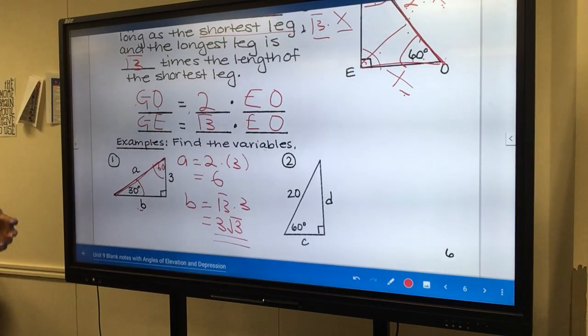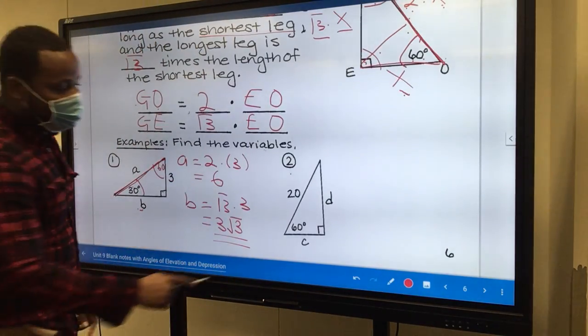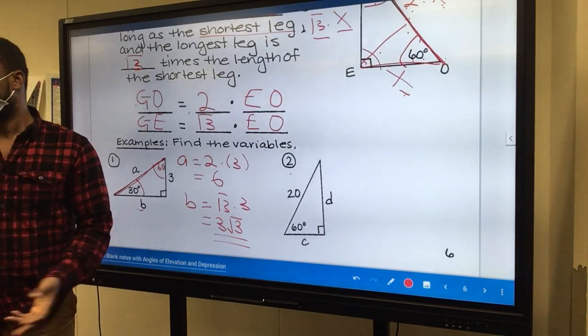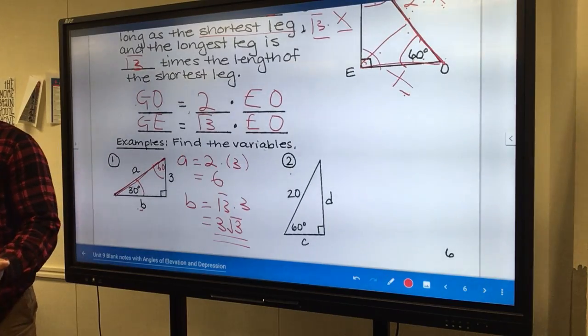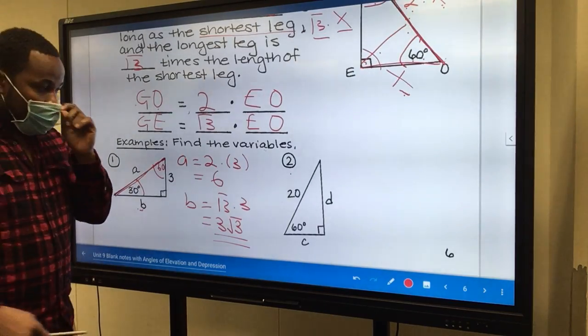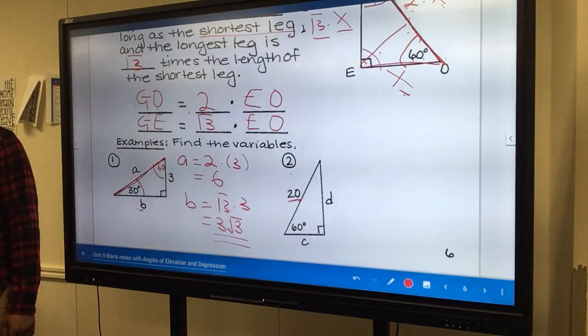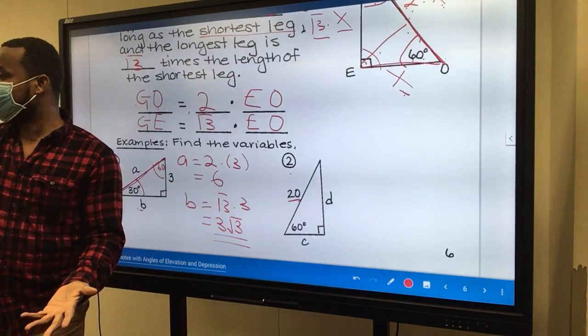All right, now, this example. They've given me a number over here. Which letter is the shorter side? C. C is the shorter side, right? And then the hypotenuse is what? The 20. Is it a 30-60-90 triangle?